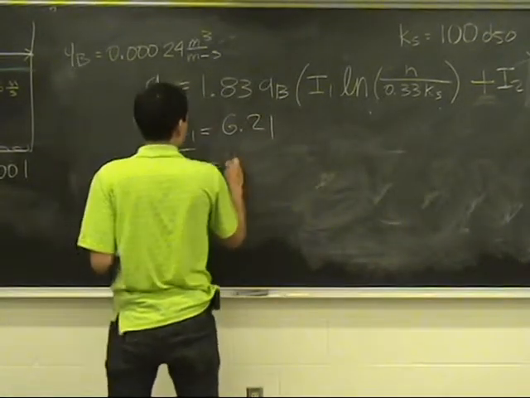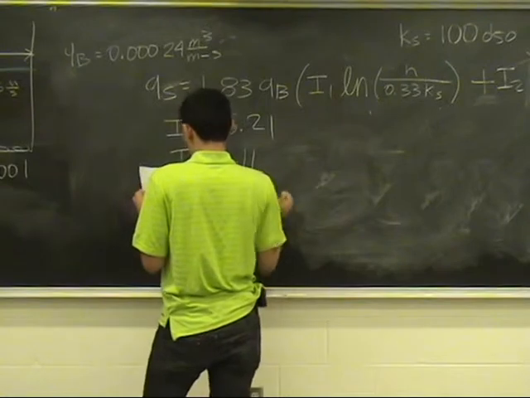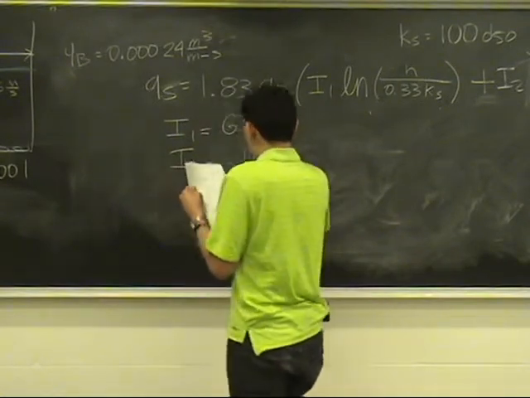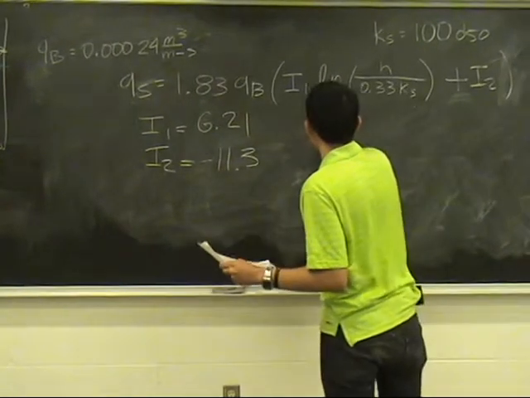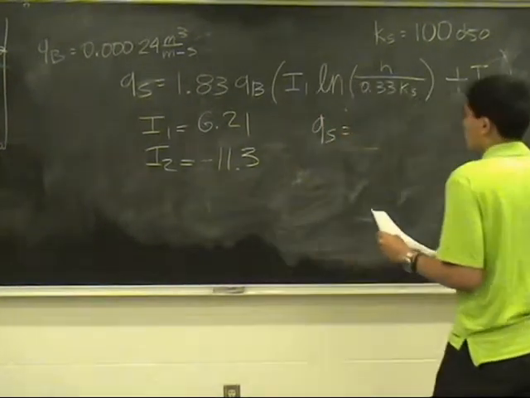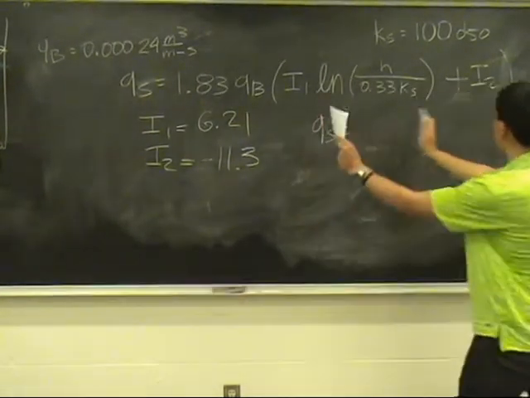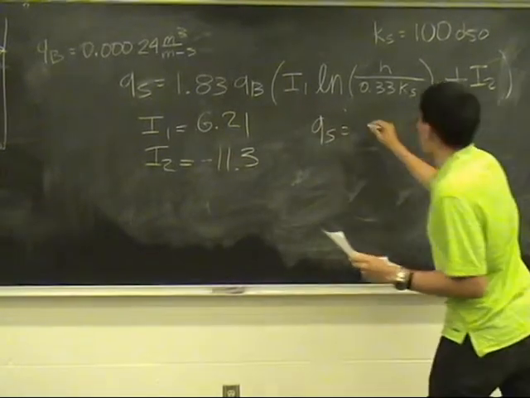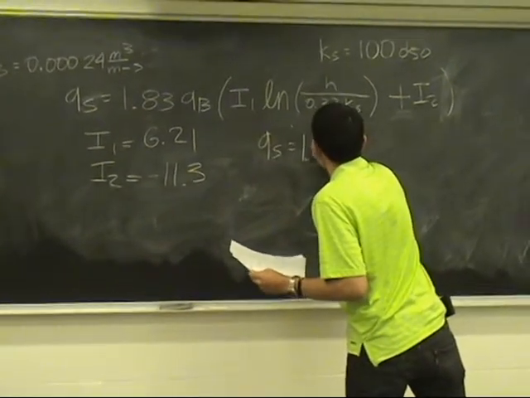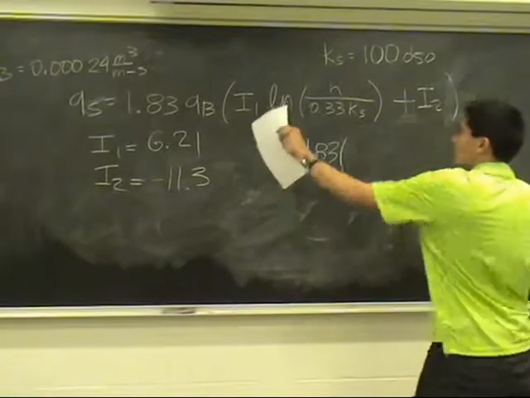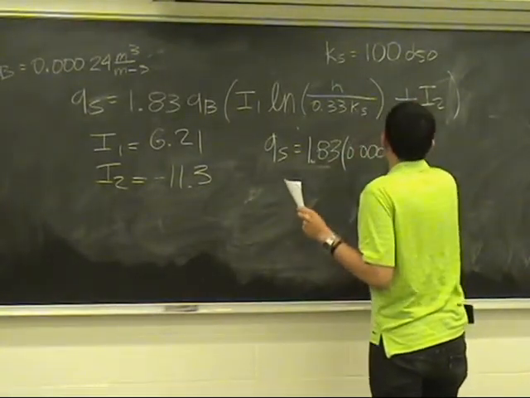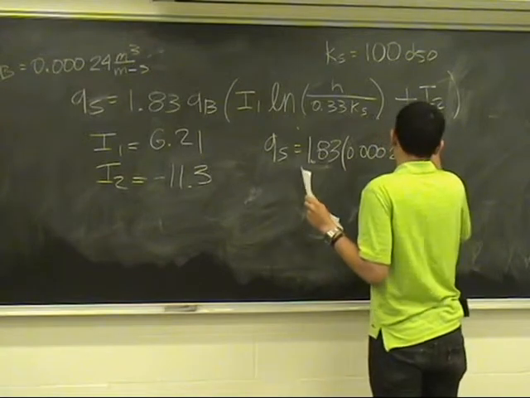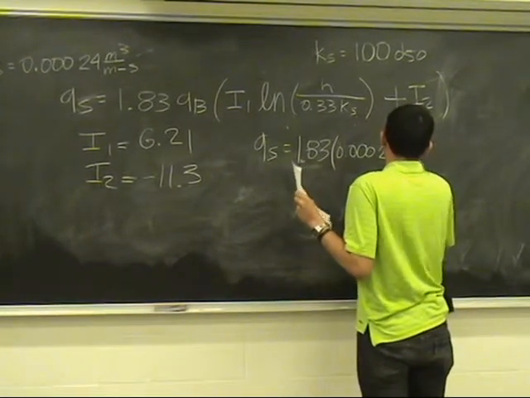I1, I2, 11.3. Let's go ahead and calculate our suspended load transport. So I think we should have enough space here. 1.83 times our bed load transport, we said 0.00024 meters cubed per meter per second.